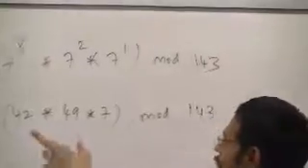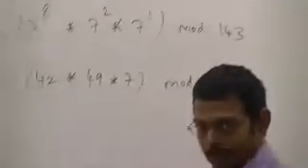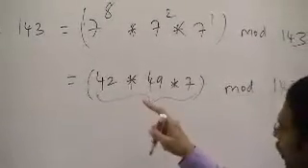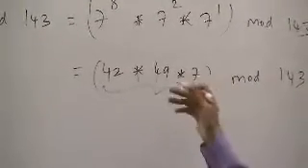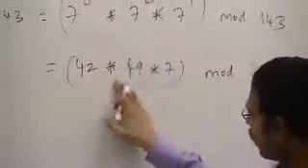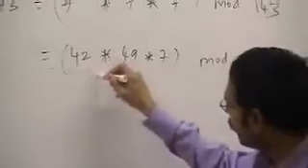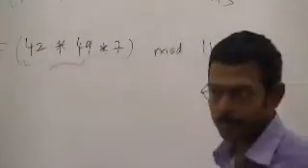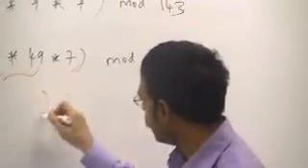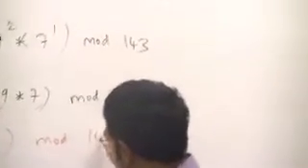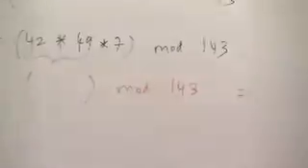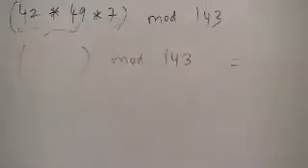So now you don't need to multiply the whole thing and work with a larger integer. Step by step, you're doing 2 multiplications, but you can work with smaller integers by doing what? Find 42 times 49, and whatever it is, take mod 143. Anyone has the answer? 56.